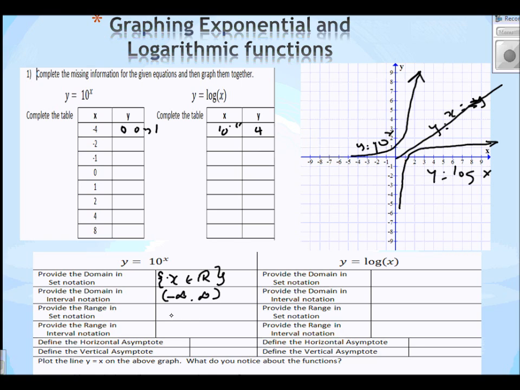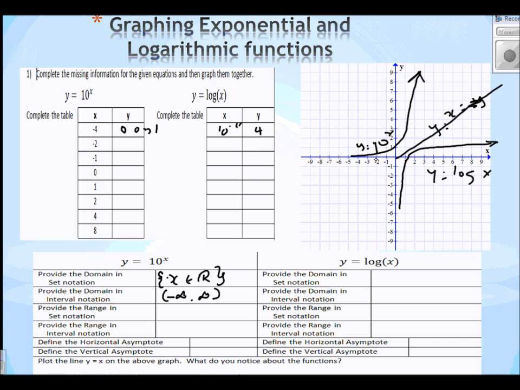Now provide the range. Do you see any y values going beyond this graph over this line? The graph is taking on only positive y values, and it's not touching the asymptote here, which is the x-axis. Remember, an asymptote is a line which the curve seems to be approaching but never touches.